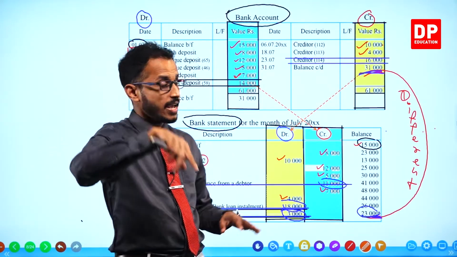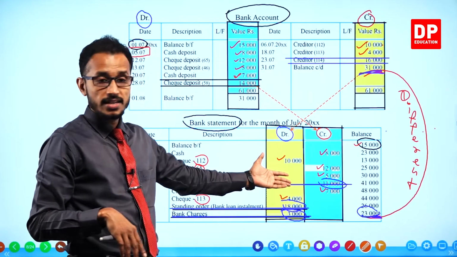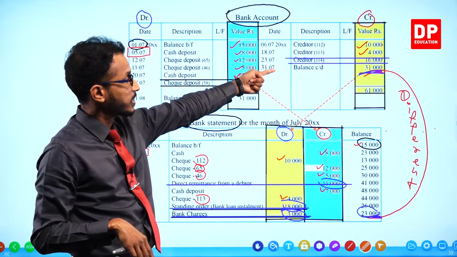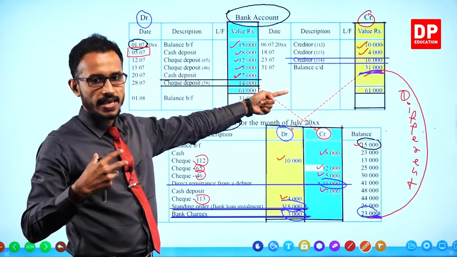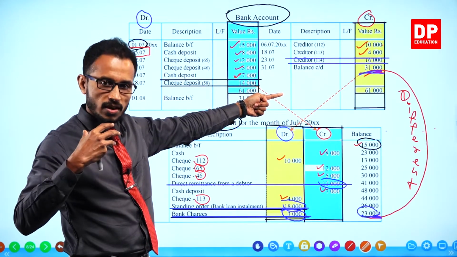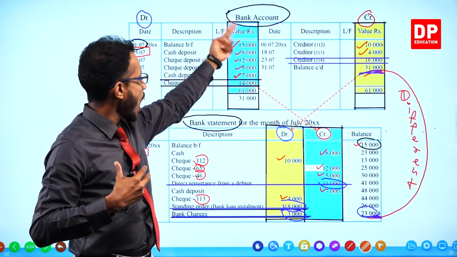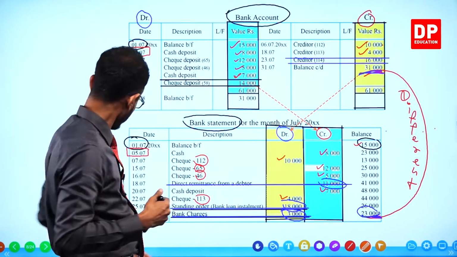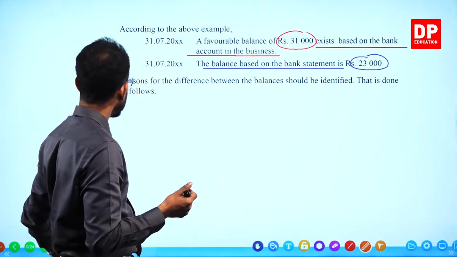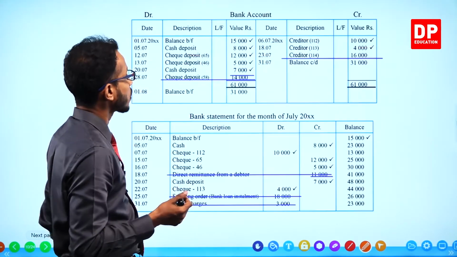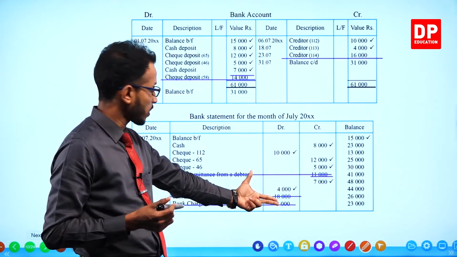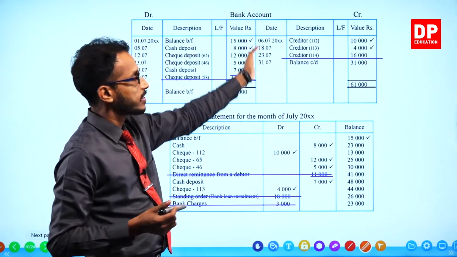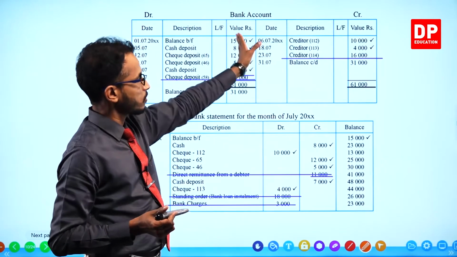That is the issue. Before you check and correct anything else, you first correct our side, what we prepared, our bank account. That's why these items which are missing in our bank account should be entered into the bank account.